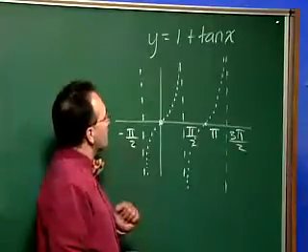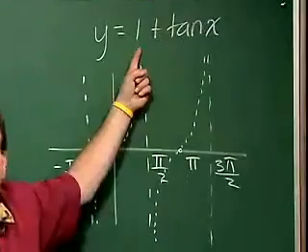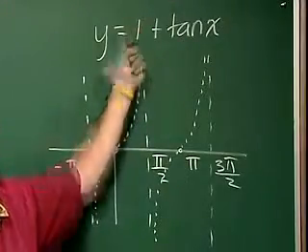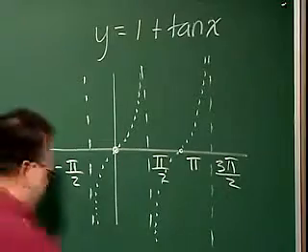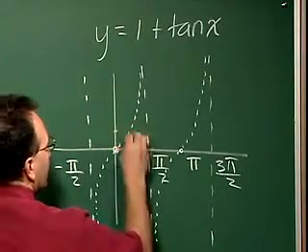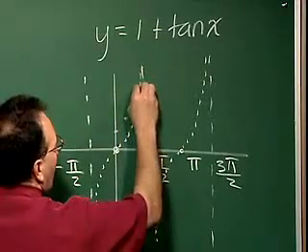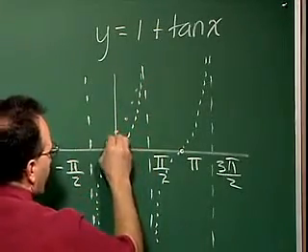And what we want to do now is recognize that this is a vertical shift upwards of 1 unit. So I take each of these points and literally put them up 1 unit higher.